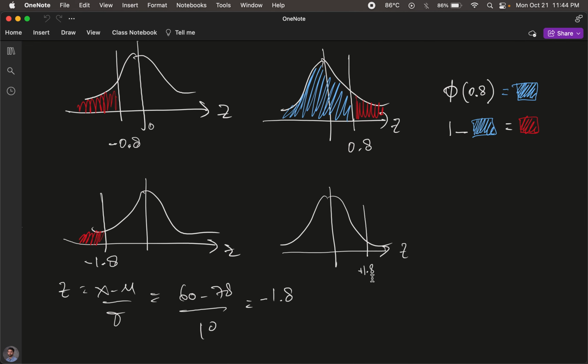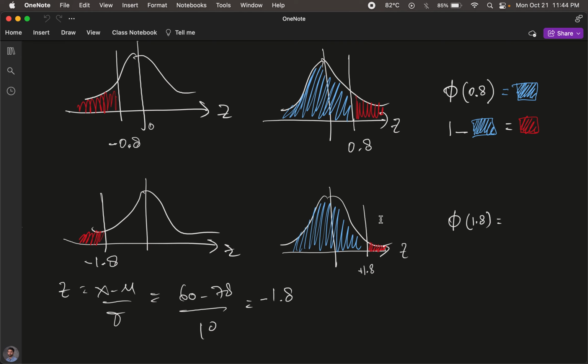And then I would set up the area of my interest, the tail area, right? And remember, I want this tail area, so when you make it plus 1.8, it corresponds to this exact same tail area. Now I'm happy, because I have a positive z value. I could always find the area to the right, and this is something I can do very easily by looking at the z value for 1.8 this time, and this is going to give me, again, this blue area, because the z table always gives you area to the left hand side.